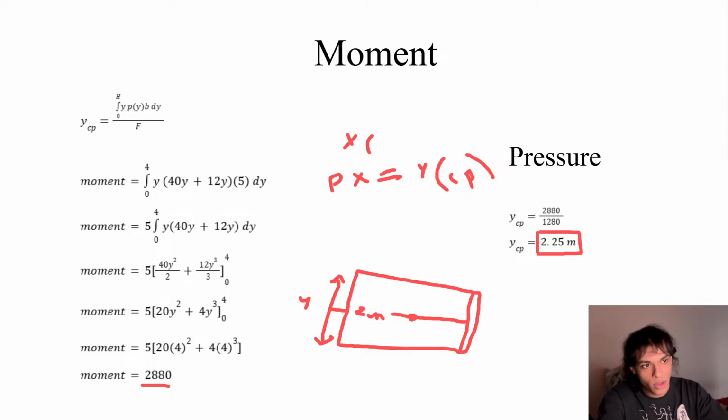If the pressure at the center is divided equally at both sides here, but what we found is that the center of pressure is not actually in the middle. The center of pressure is going to be somewhere at 2.25. This means that if we look at the billboard from the side, it's going to be a little bit tilted.